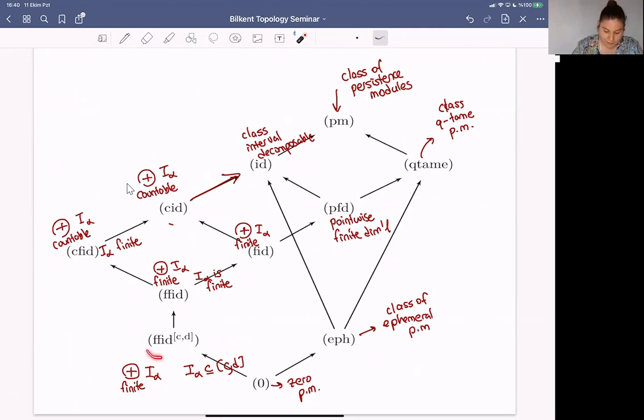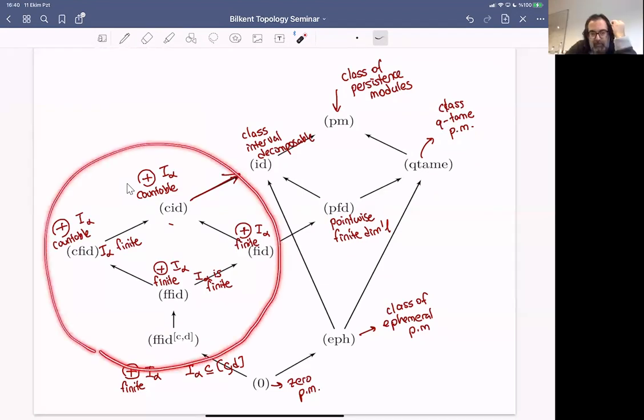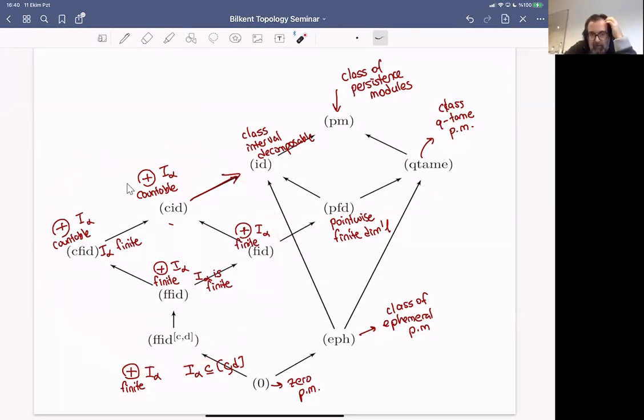So FFID-CD is the most common one that data analysis works on. But I guess it helps you to study this on a bigger set because of the general properties of modules over this. So this is our motivation.